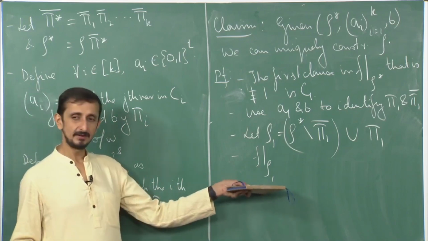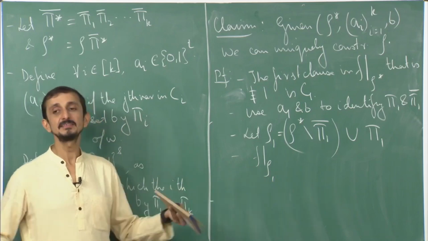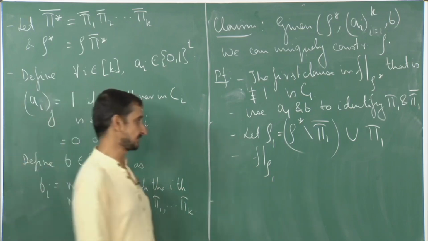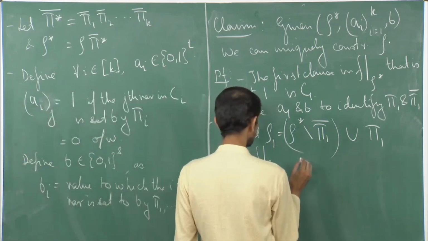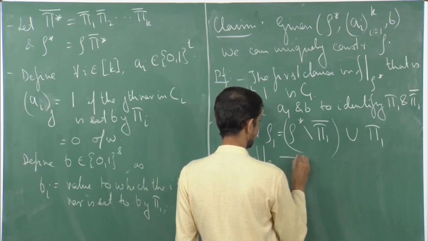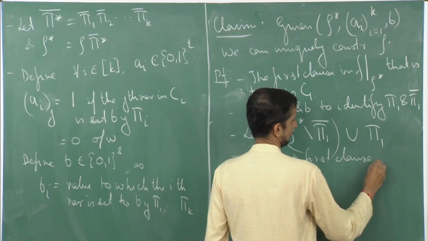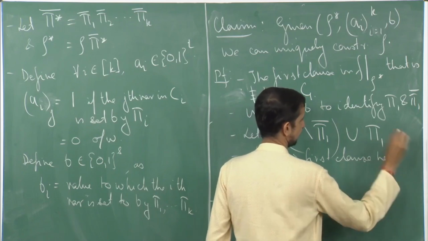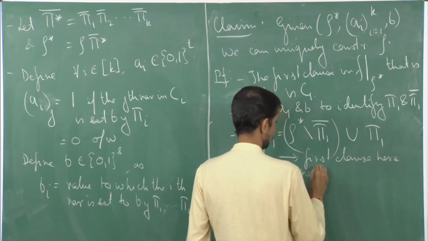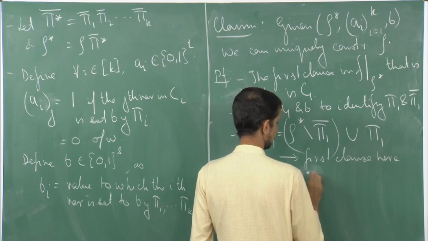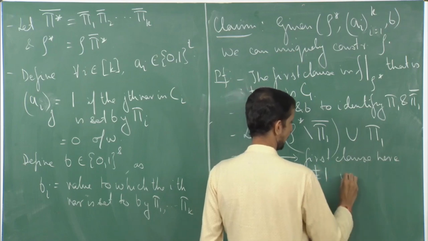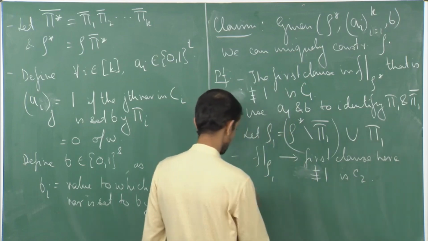The first clause here that is not identically 1 is C2 now by the very construction. Okay.